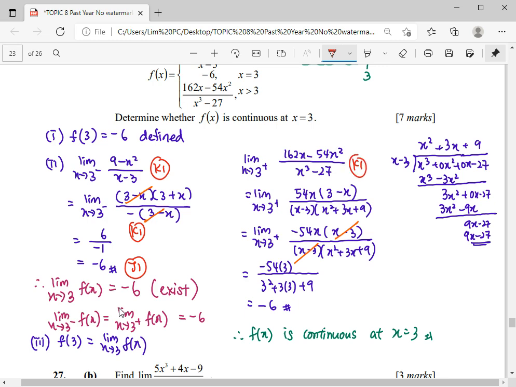Then the limit at the right hand side, simplify, factorize, and get to the answer. So finally, we can conclude that all these 3 conditions make this function continuous at x equals 3.